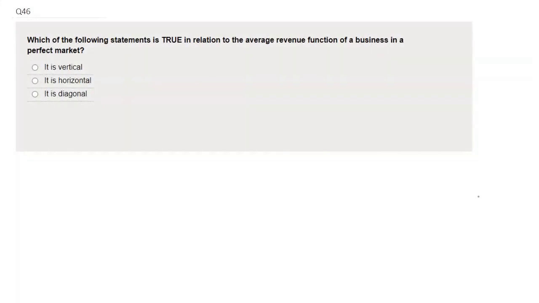Which of the following statements is true in relation to the average revenue function of a business in a perfect market? It's vertical, horizontal, or diagonal. Well, to answer this, first of all, let's recap what we know about a perfect market. In a perfect market, an organization, a company, is a price taker.